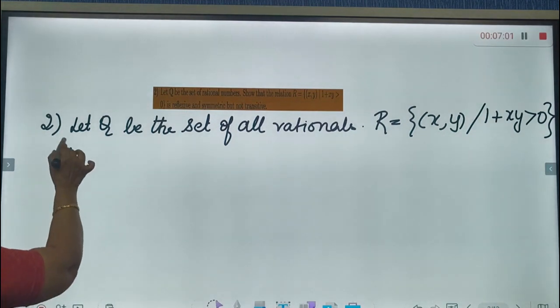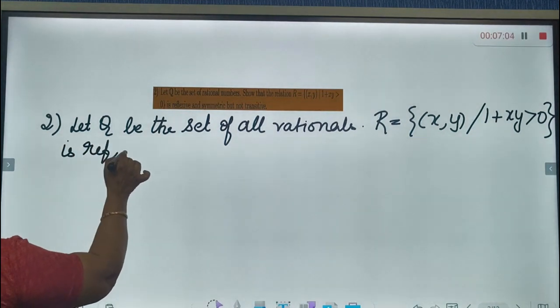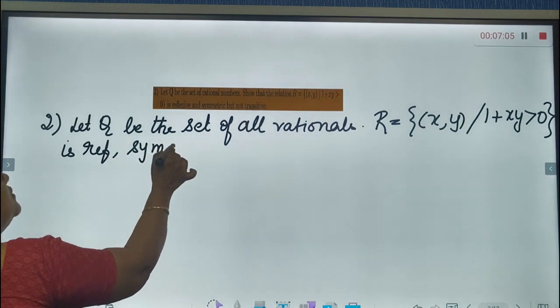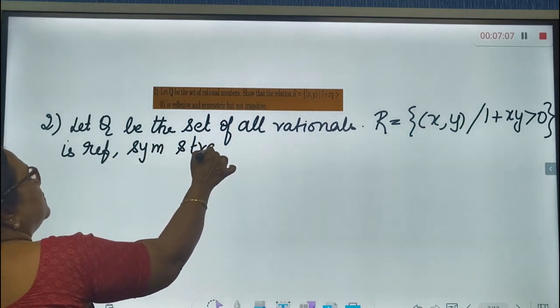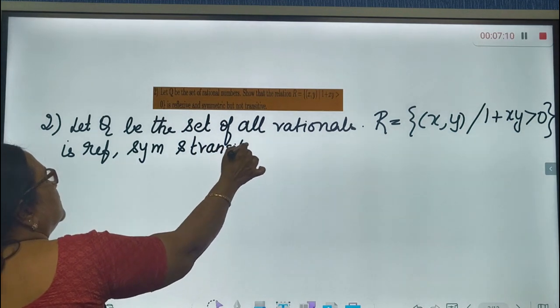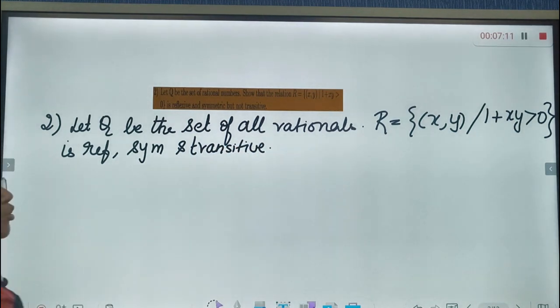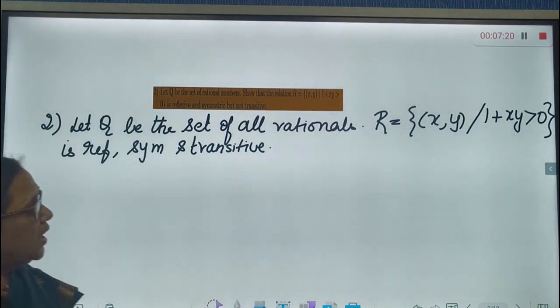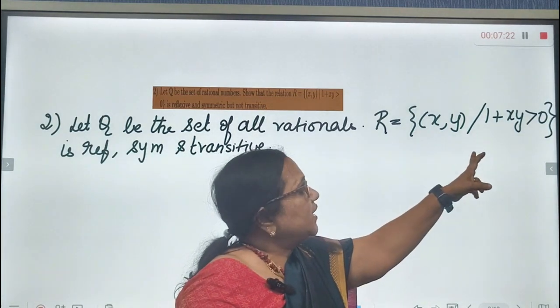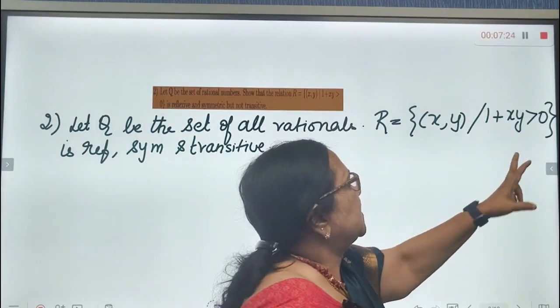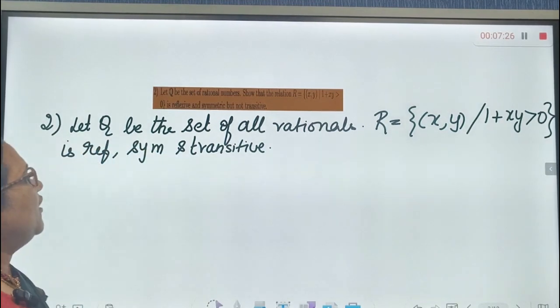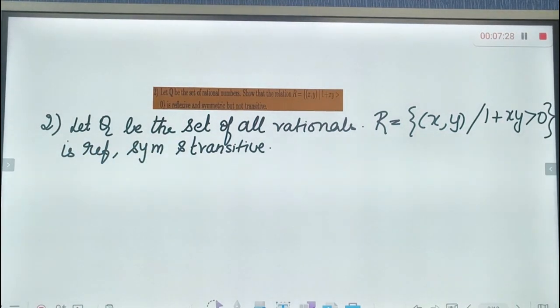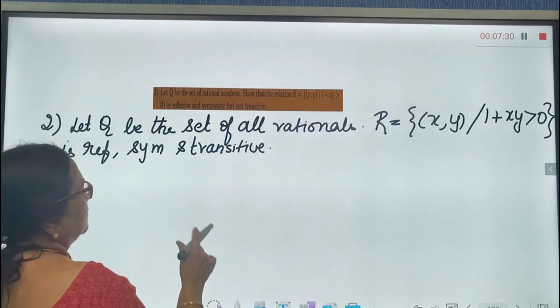We have to check whether it is reflexive, symmetric and transitive. So Q is the set of all rational numbers, and we have a relation R such that x is related to y if 1 plus xy is greater than 0.